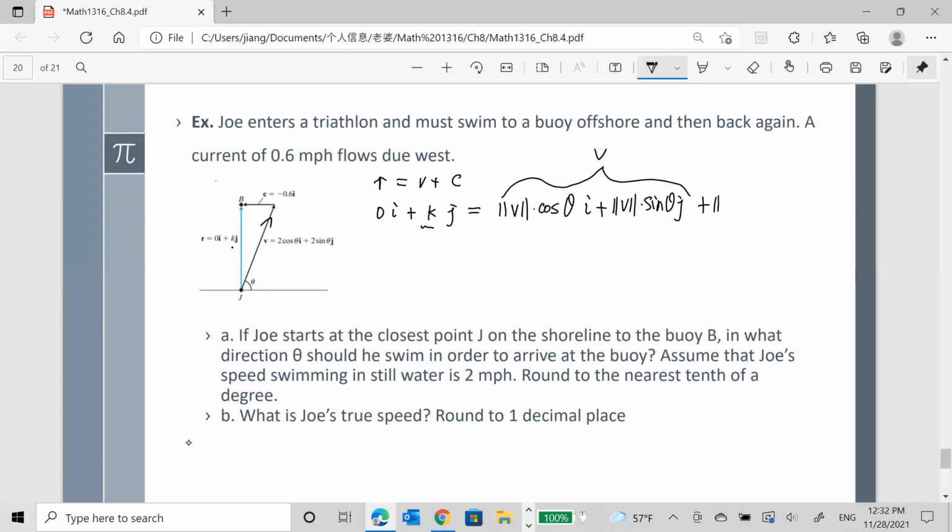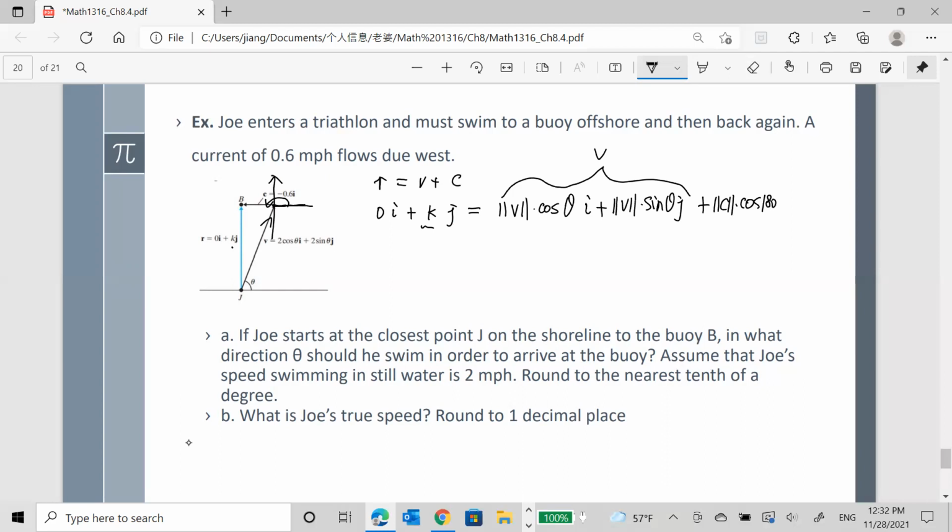Plus C. C is the magnitude of C times cosine of its angle. What is the angle of C? Can I draw a vertical line and a horizontal line? From the initial to the terminal point, the angle is 180 degrees.